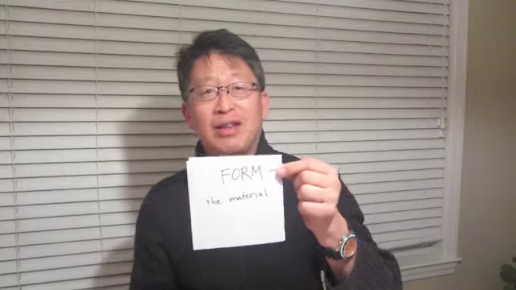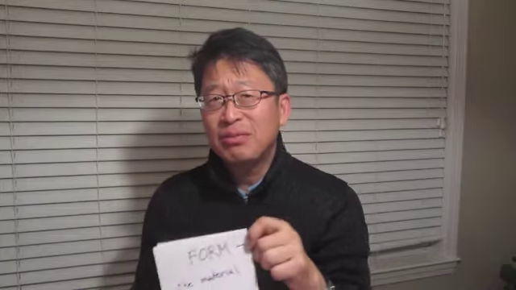First of all, in the Eisner piece, and many of you commented on this in your blogs, the Eisner piece is difficult. The Eisner piece talked about the word form, and that's what artists, that's what teachers, that's what these graphic artists and photographers are doing. They're forming the material.